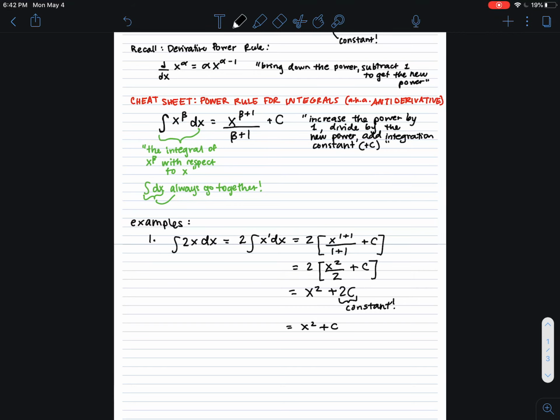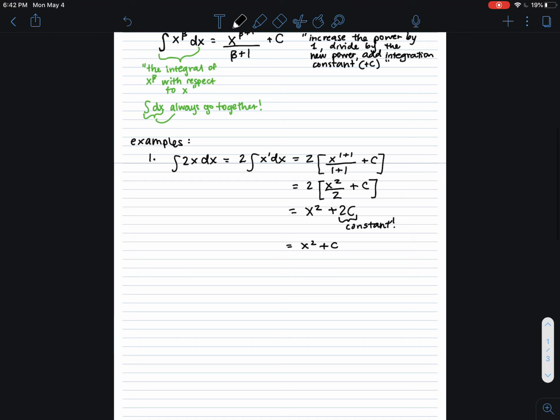So I guess these are just some rules for the integral. If you remember from derivatives, the derivative with respect to x of 2 functions added together is just the derivative of the first function plus the derivative of the second function.